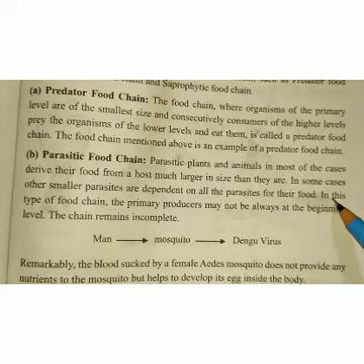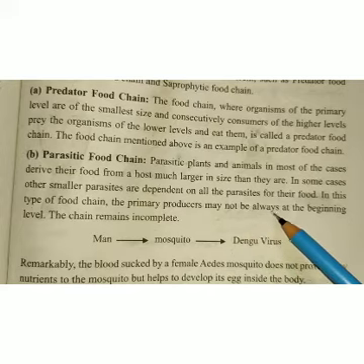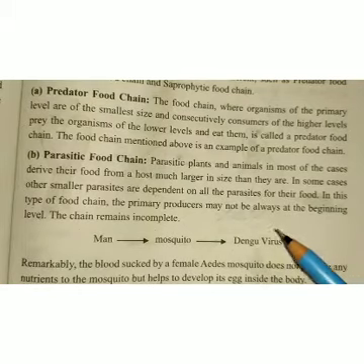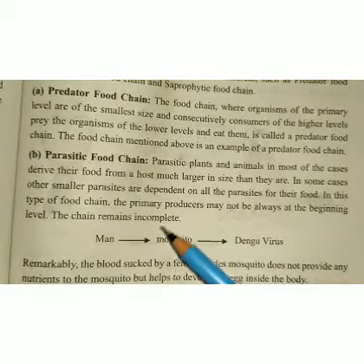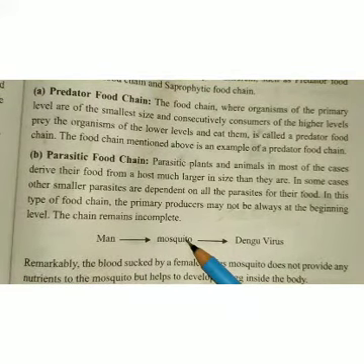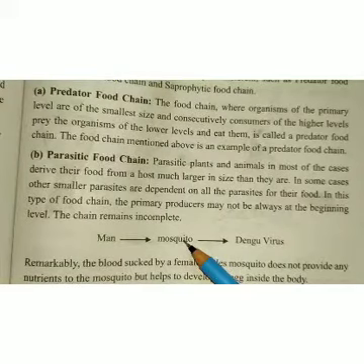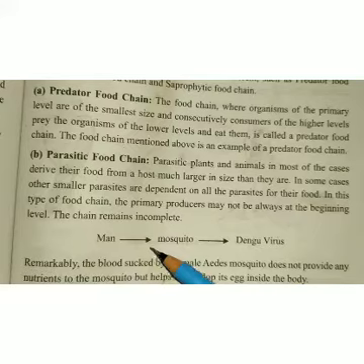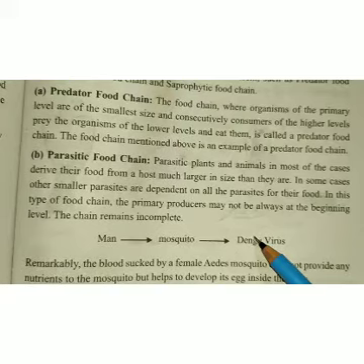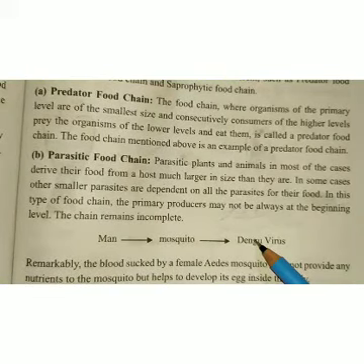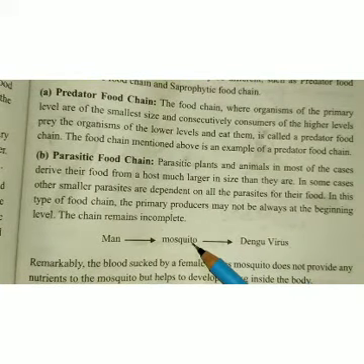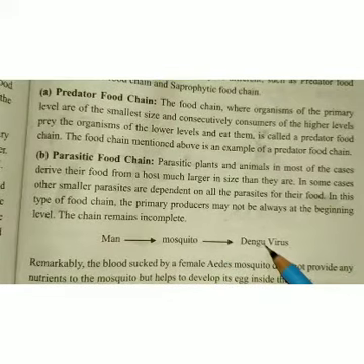In this type of food chain, the primary producer may not always be at the beginning level. The chain remains incomplete. Like the mosquito depends for its food, blood, on man. And then the dengue virus. All dengue viruses are dependent for their life cycle on the mosquito. This is a parasitic food chain.